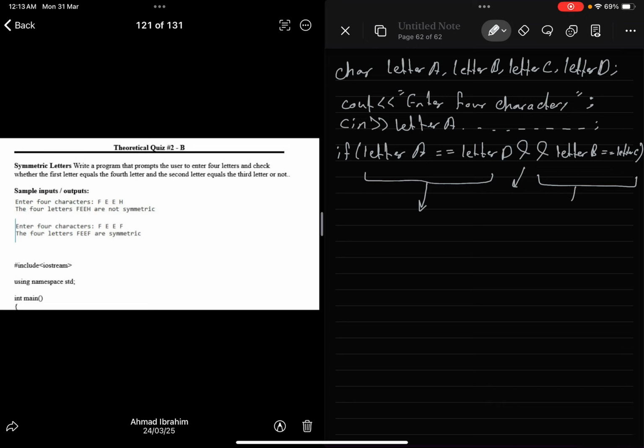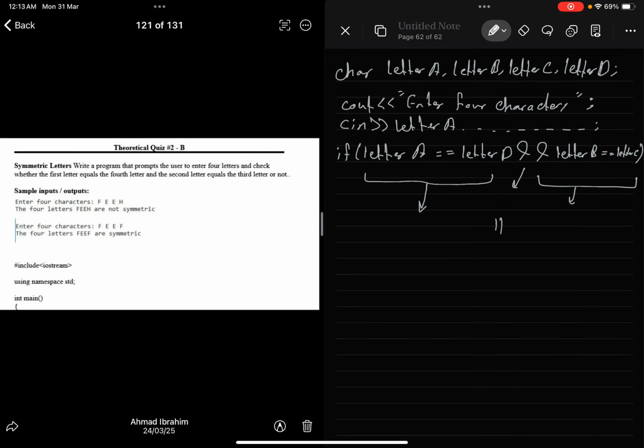I mean, if the first one is true and the second one is false, that means it is not correct, or it is not symmetric. And we use or, which means if one is true, the condition is true. False or true will always be true.